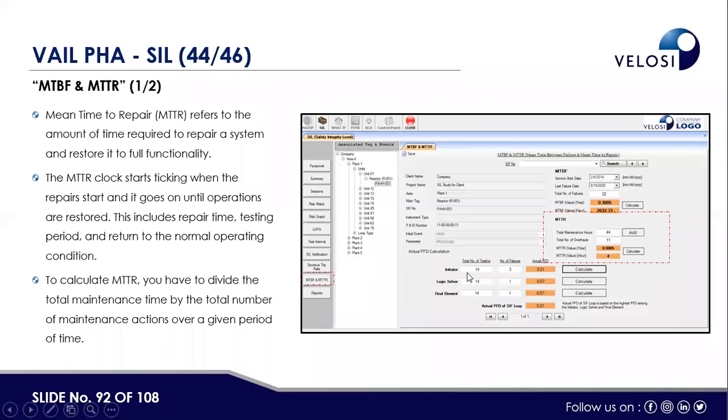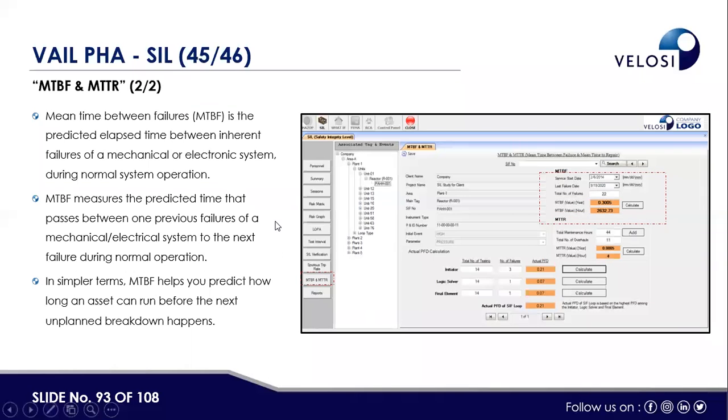For example, in the initiator, we have performed the test 14 times, and out of 14 times, the number of failures is 3. So this will be our actual PFD that can be used in the SIL verification. So in this software, we can calculate that as well. Mean time between failure is the predicted elapsed time between inherent failures of a mechanical or electronic system during normal system operation.